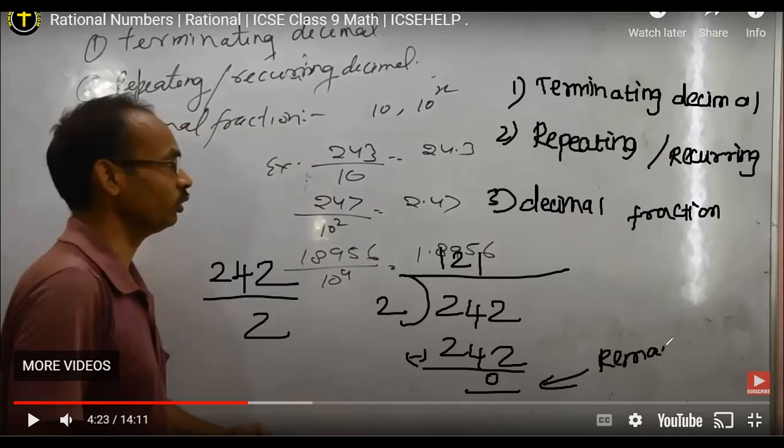So this kind of answer is known as terminating decimal, 121 can be written as 121.0. So the remainder is supposed to be 0 to be a terminating decimal. And always remember, your numerator is the dividend and the denominator is your divisor.